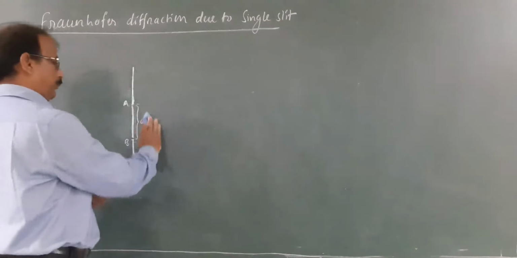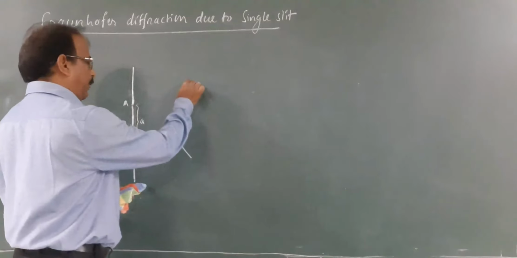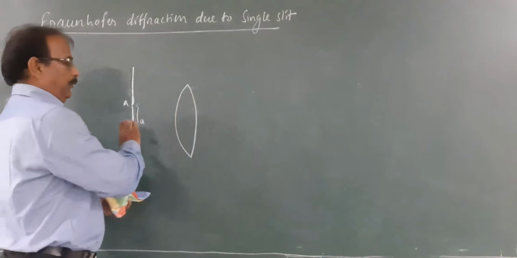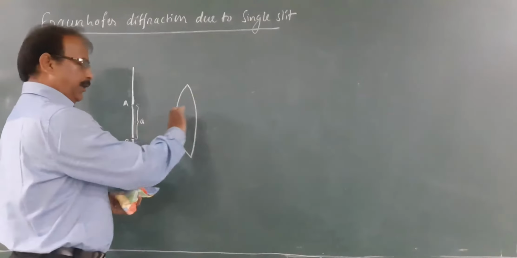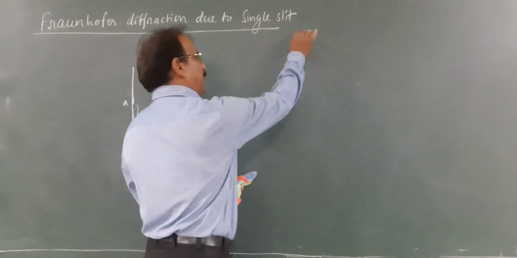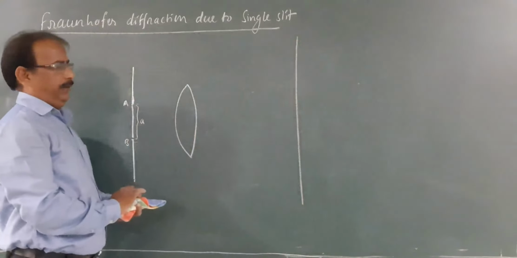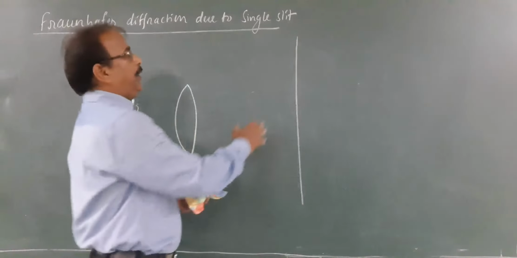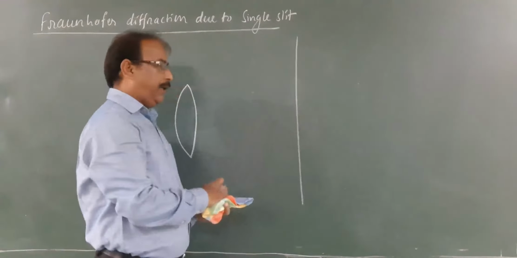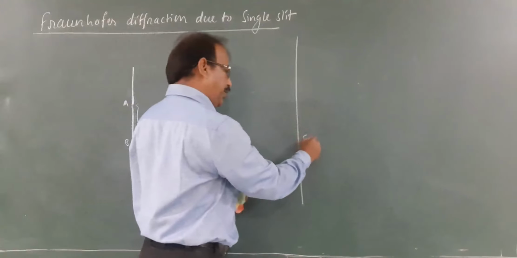If a convex lens is taken in the path of the light rays, then we observe a pattern of alternate bright and dark bands on the screen.